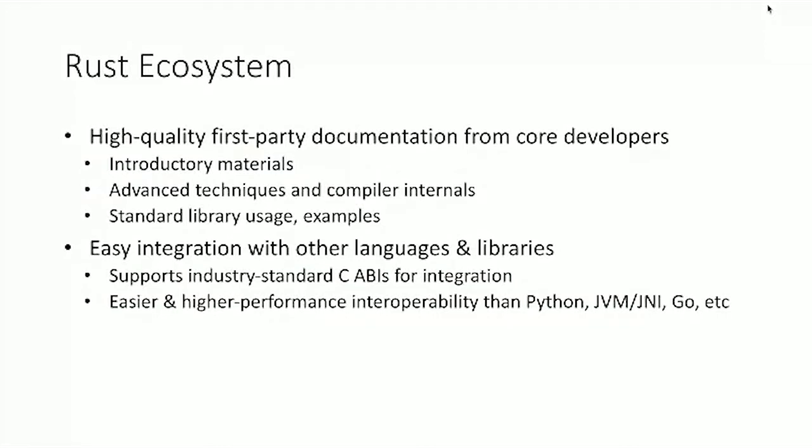In addition to having a large library ecosystem of its own, it also supports easy integration with other languages. So Rust code is ABI compatible with C, Application Binary Interface compatible. So you can foreign call to and from Rust code transparently. There's zero additional cost to doing so.